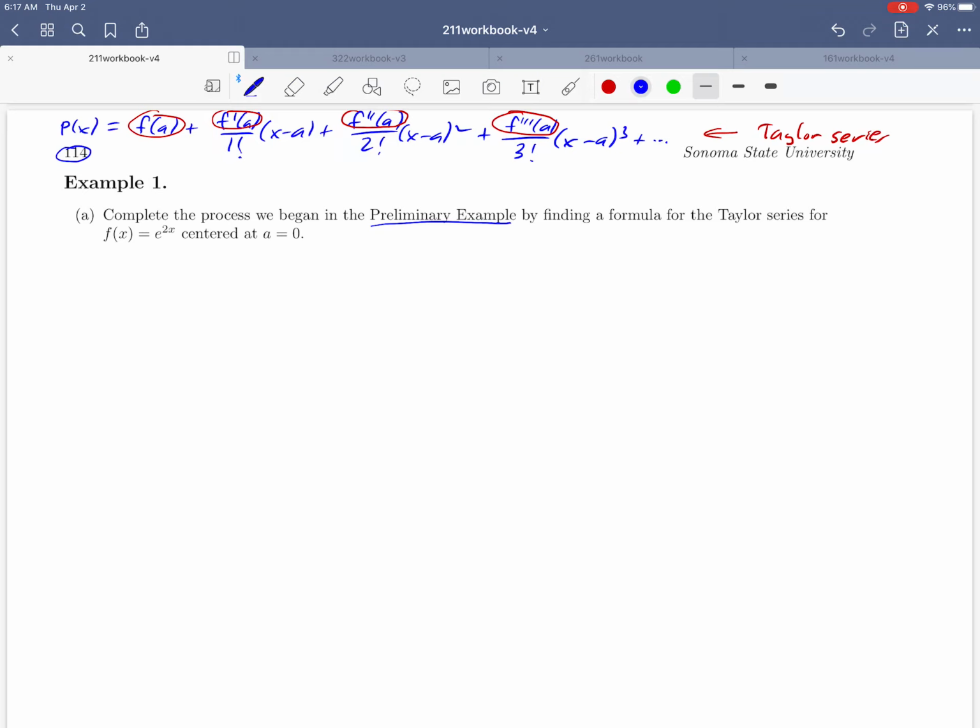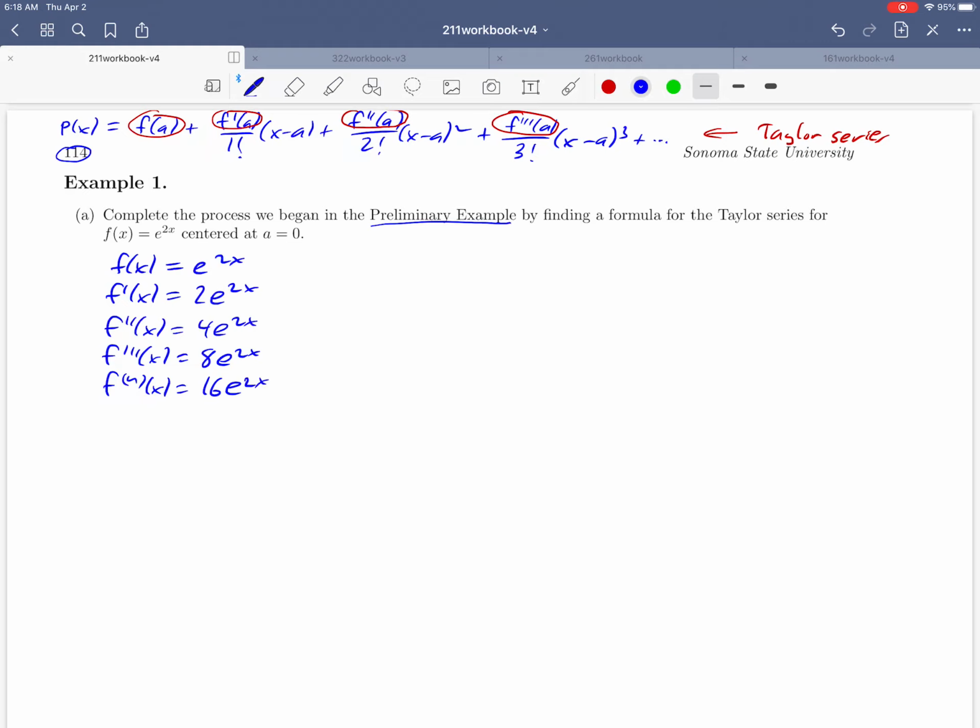All right, so we'll start with our function. We'll take a bunch of derivatives. We kind of already did this calculation in the preliminary example. We'll go out to the fourth derivative here.